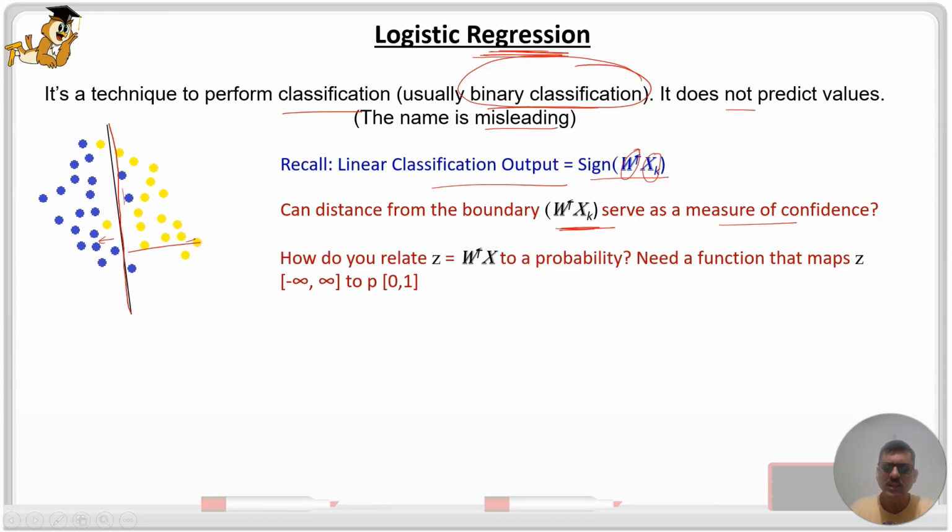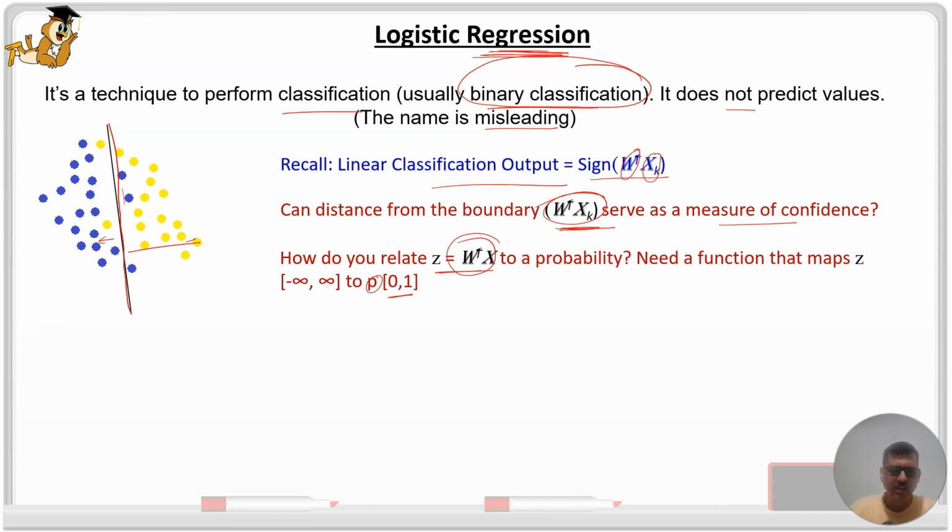The question we said was, how would you map this quantity W transpose xk, which goes from plus infinity to minus infinity, to a probability which goes from 0 to 1? So how do you relate z equal to W transpose x to a probability p which goes from 0 to 1?